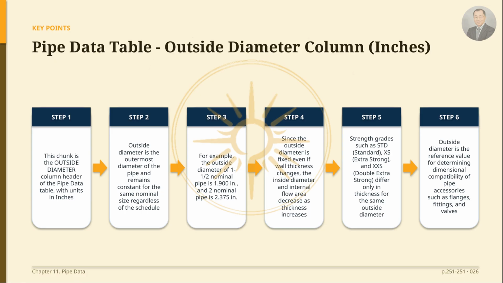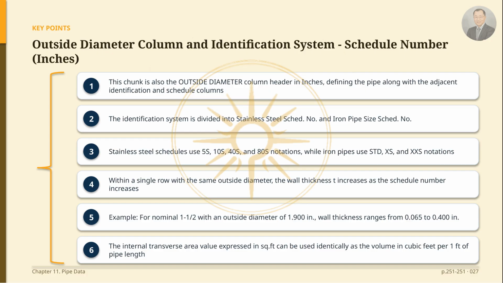Please refer to the detailed figures for the corresponding nominal size when reviewing dimensional compatibility for accessories such as flanges or valves. This slide is a reference table summarizing the relationship between the outside diameter, identification system, and schedule number. Basically, it shows the principle that as the schedule number increases for a given outside diameter, the wall thickness T becomes thicker.